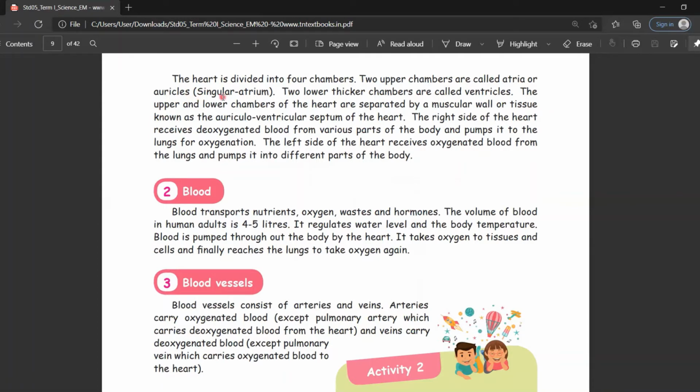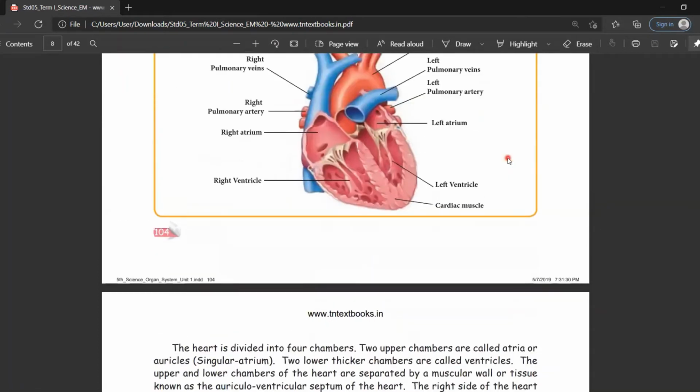In singular, we call it as atrium. See here, the 2 upper chambers. மேல இருக்கு இல்லையா, இந்த ரெண்டும் தான் atria. Okay, the 2 upper chambers are called atria or auricles.